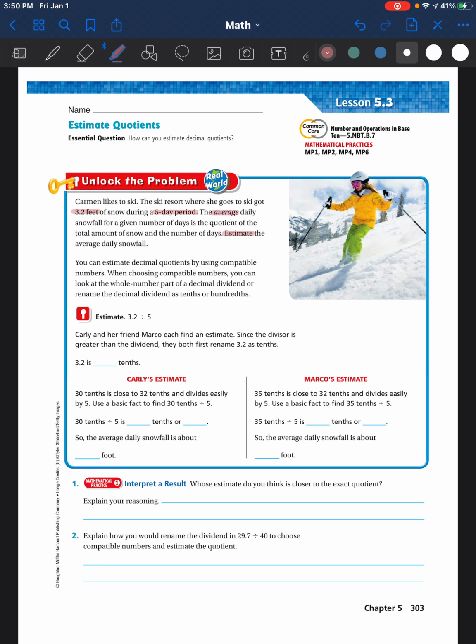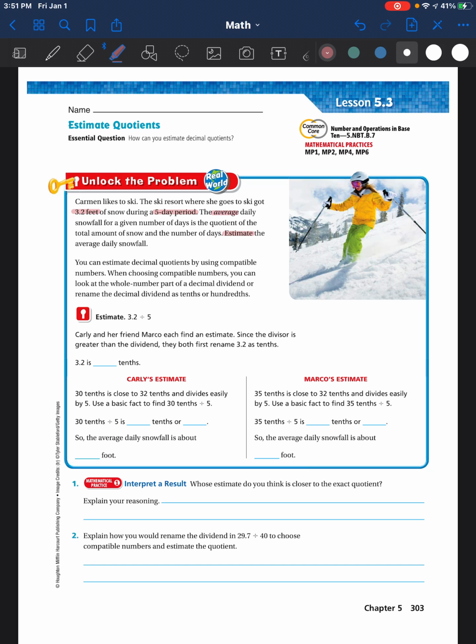So it says you can estimate decimal quotients by using compatible numbers. When choosing compatible numbers, you can look at the whole number part of the decimal dividend or rename the decimal dividend in tenths or hundredths. So let's look at it. We have 3 2/10 divided by 5.